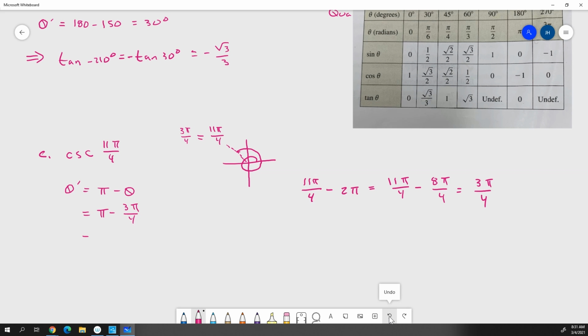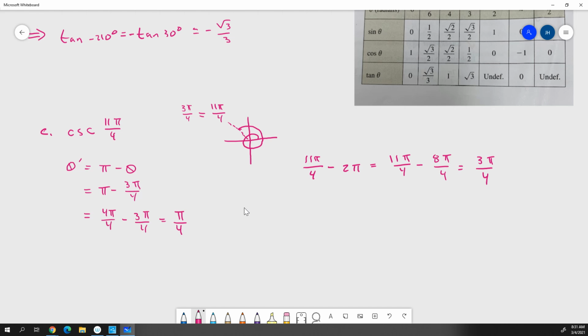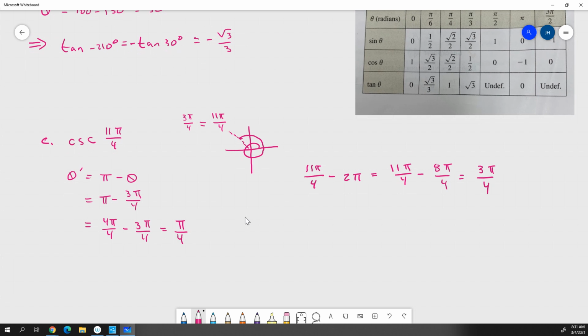Which is like saying 4 pi over 4 minus 3 pi over 4, right? Which just gives us pi over 4. What sign is this pi over 4 going to have in terms of cosecant? Well, if you remember, cosecant is just 1 over sine, right?